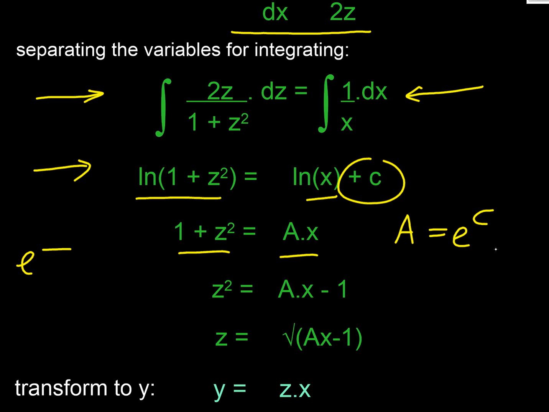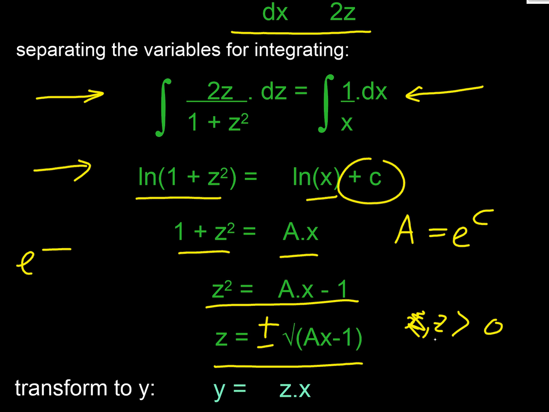We don't want to be bothered writing e to the c the whole time for our constant of integration, so I've just called that a. So rearranging, z squared equals ax minus 1, and rooting, z equals, I should probably have plus or minus the square root of ax minus 1, but I'm going to work on the basis that if I was turning it into a function, the z would be greater than 0.